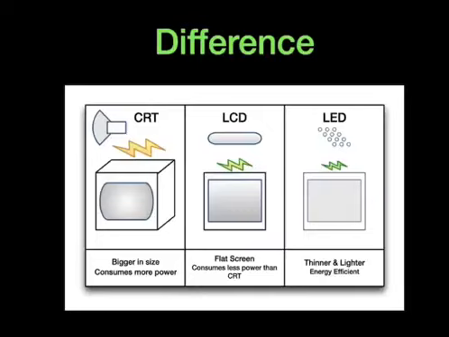As our technology is developing day by day, these days we are using LED screens, which are thinner and lighter ones. These are very energy efficient. These consume very less power than CRT and LCD computers.